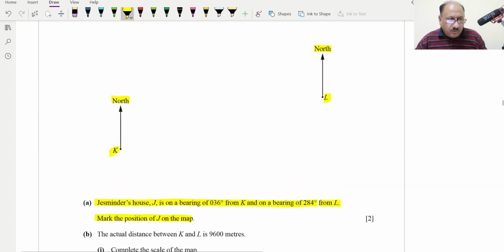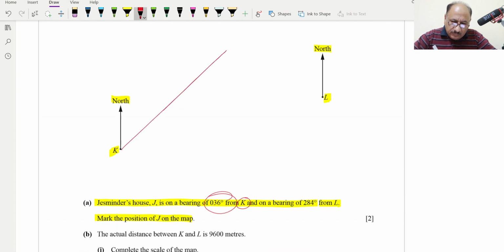So first of all, we will check 036 from K. With the north, we will take the 036 angle like this one, and this angle is 036 degrees.